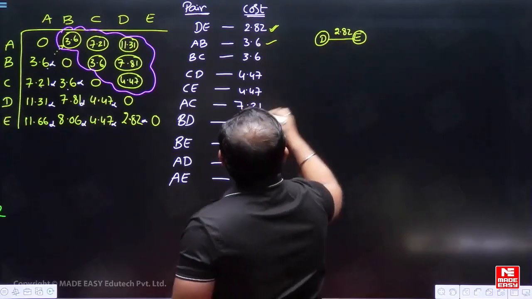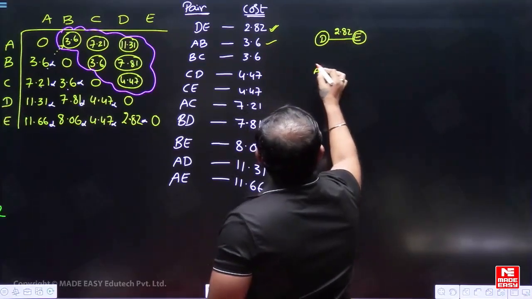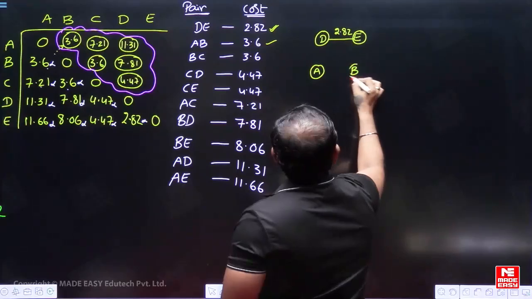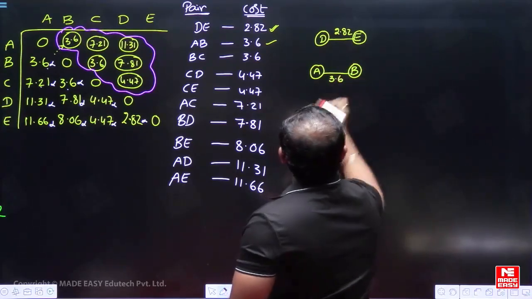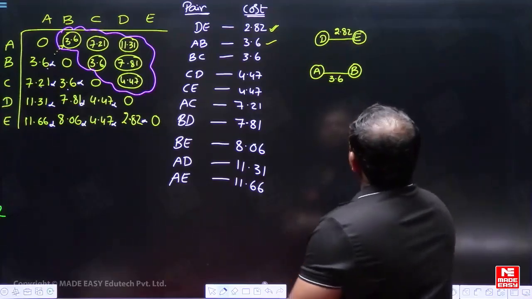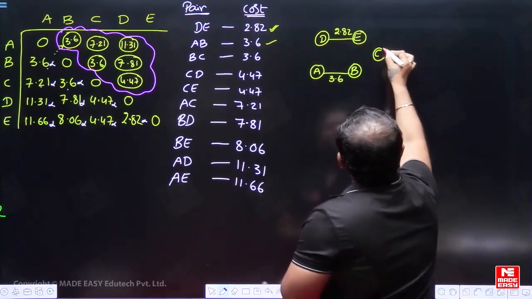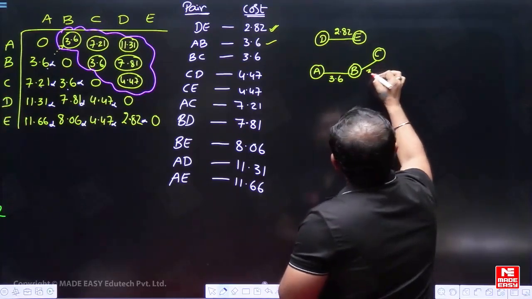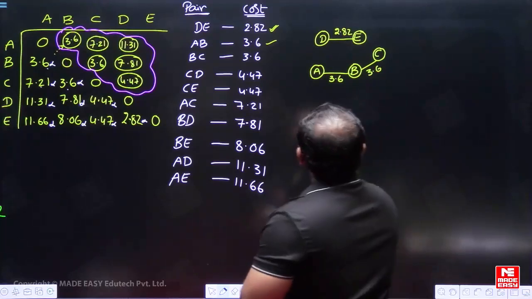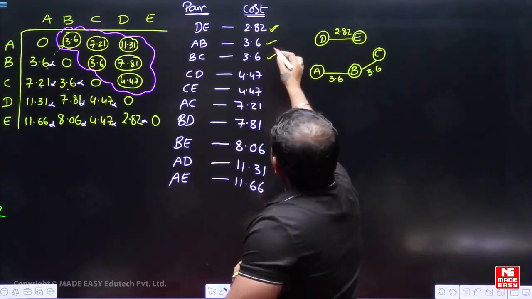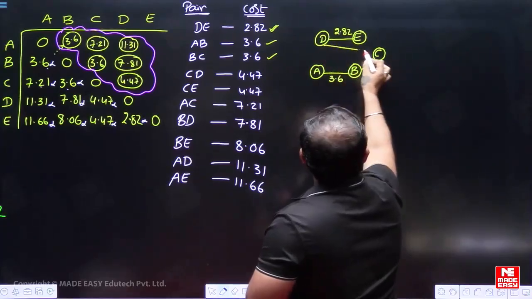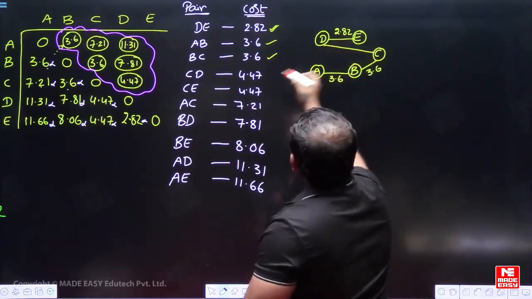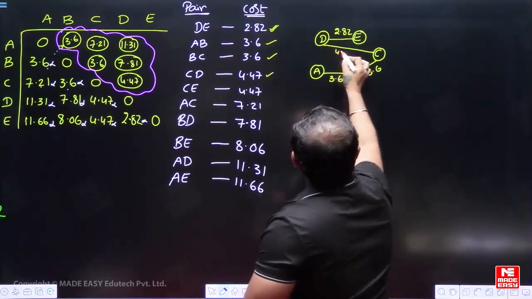Next 3.6, A and B: A is there, B is there, an edge is formed with weight 3.6. Then BC: C is here, with cost 3.6. Then CD, cost is 4.47.